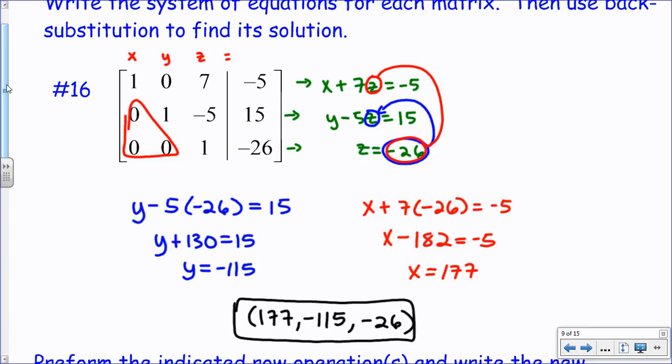All right, so let's do a practice then. I want to triangularize the matrix and then back substitute to find the values of my variables.